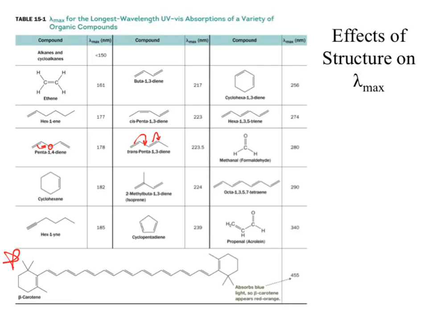We see the yellow-orange. Why? Because it's absorbing all of the blue light. Okay? So the colors of our compounds have to do with conjugation. The more conjugation, the more color we can pick up out of them because they start to absorb some of that ultraviolet or that violet light. Okay?